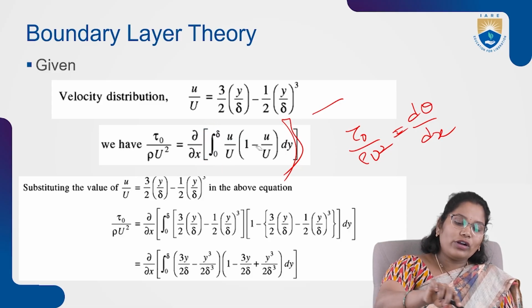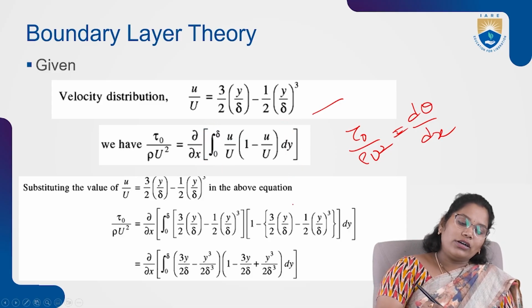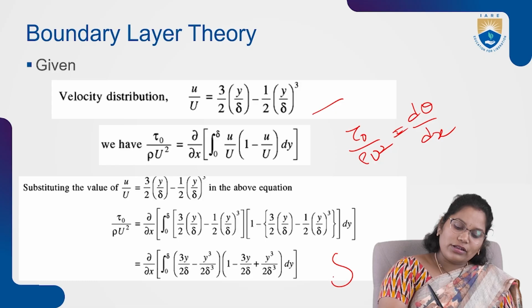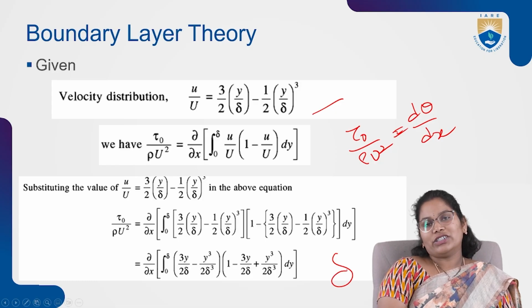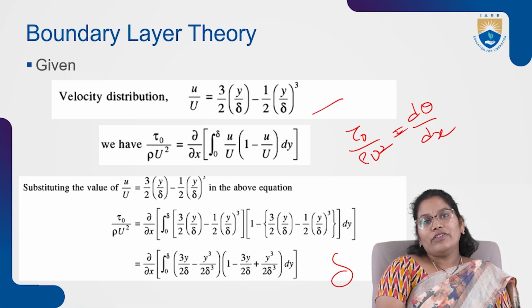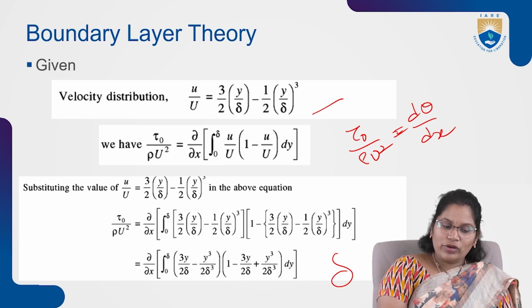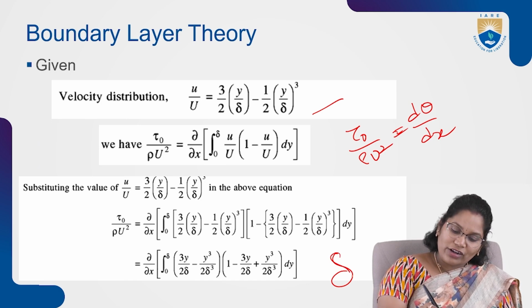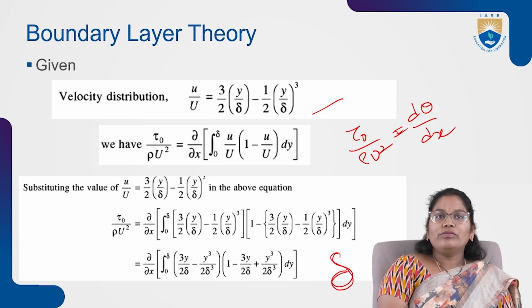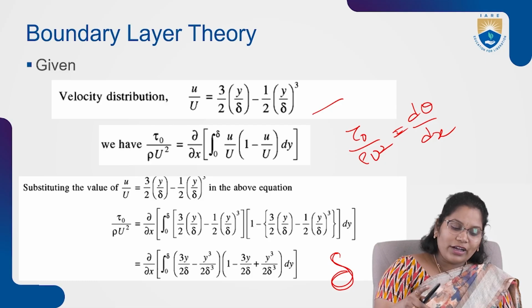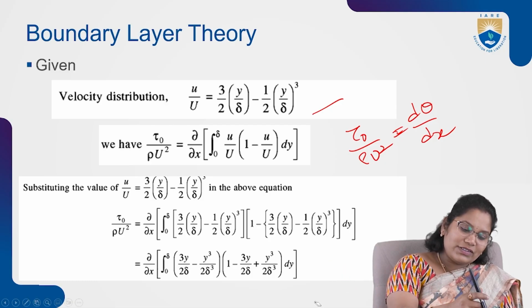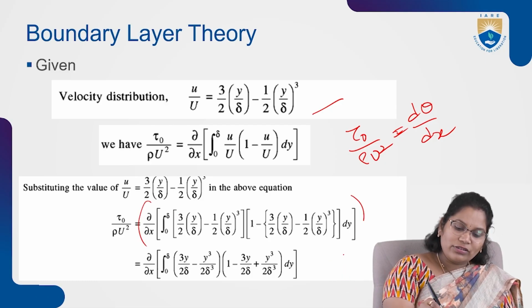Yes. So before that, to calculate shear stress and drag coefficients, we need to know the delta value. So here, to find the delta value, we are taking this expression.